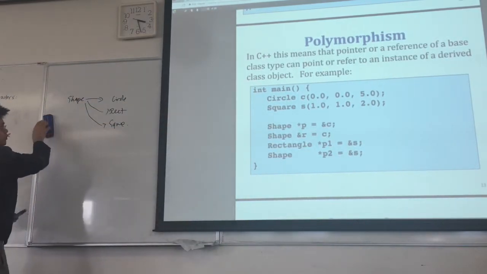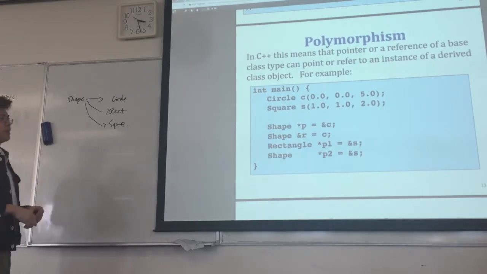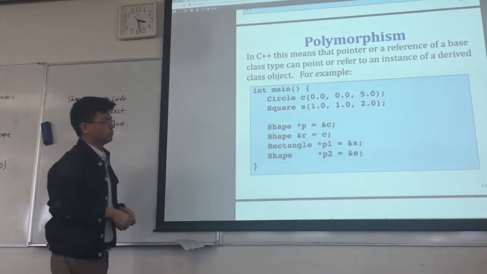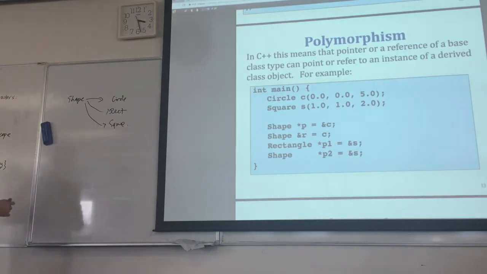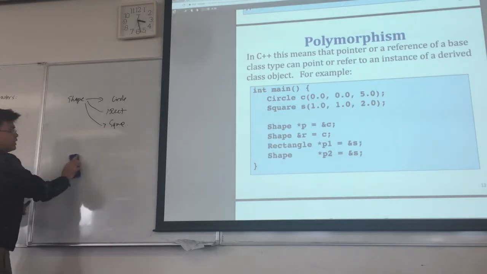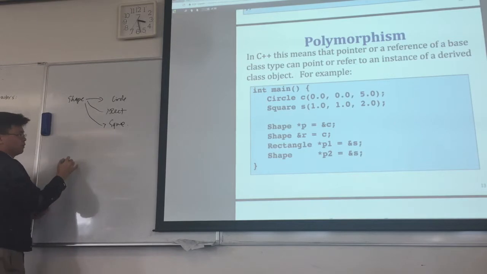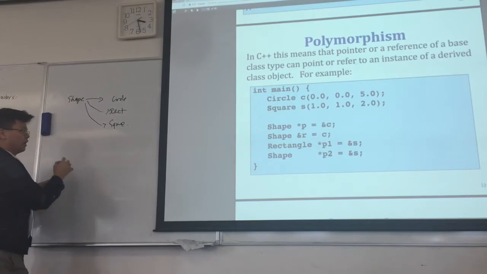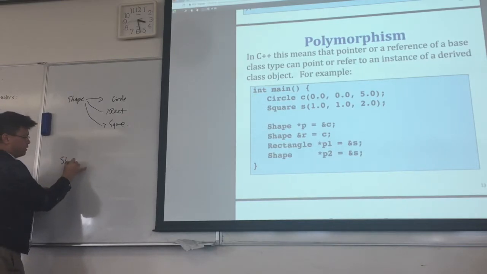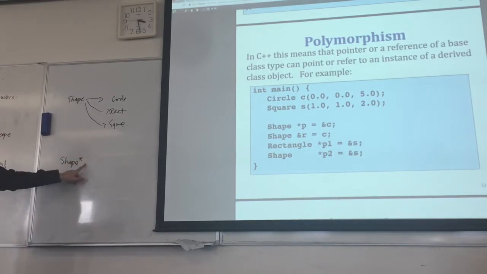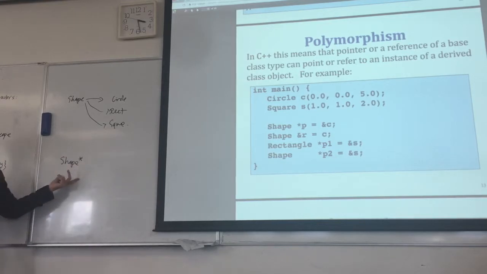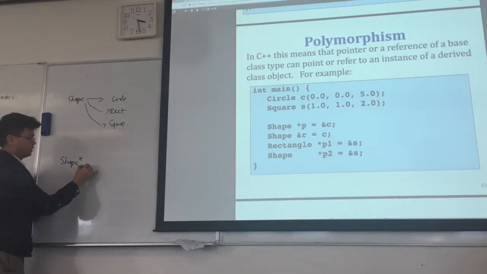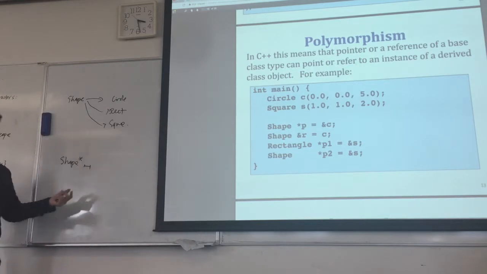Now I find it helpful to write these symbols in a particular way. This symbol actually has 2 meanings. This symbol has 2 meanings as well. And you read them differently. So when you have a type of a pointer like this shape, I find it useful to write the asterisk right next to the name of the type, and then a space, and then the name of the pointer.